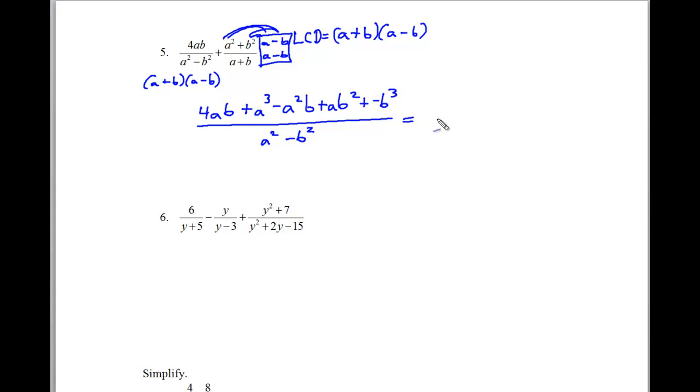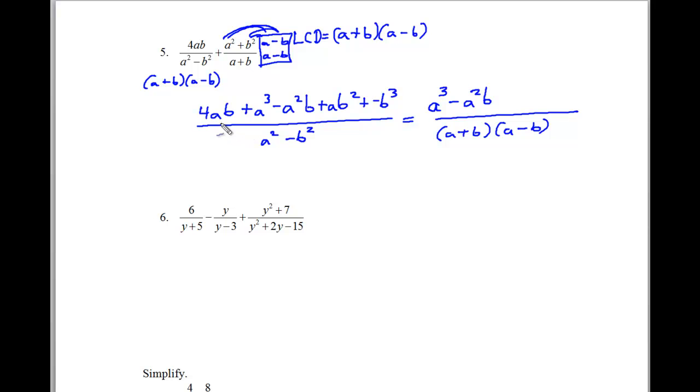You can see in the second part of this problem, I'm going to write this out in parentheses, just because either way is fine, but it could be a situation where something in the top will simplify with something on the bottom. Here, unfortunately, I'm not sure there is anything that simplifies. Our first term would be a cubed, and then anything with an a squared in it, so that would be minus a squared b.